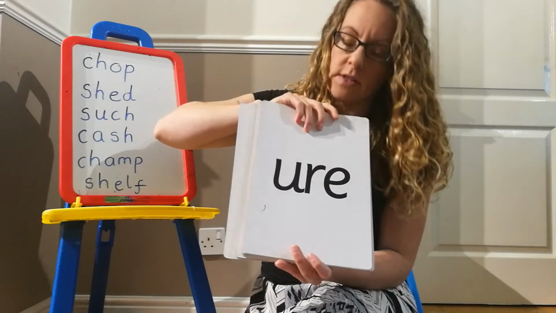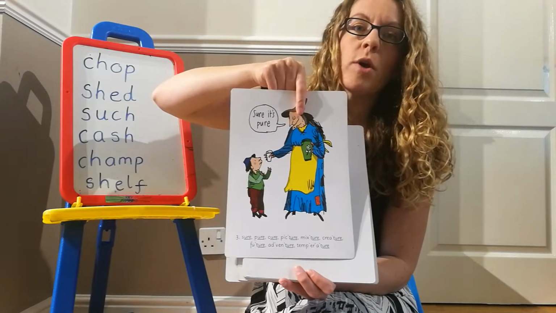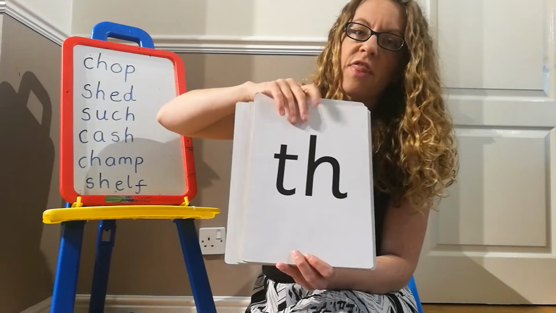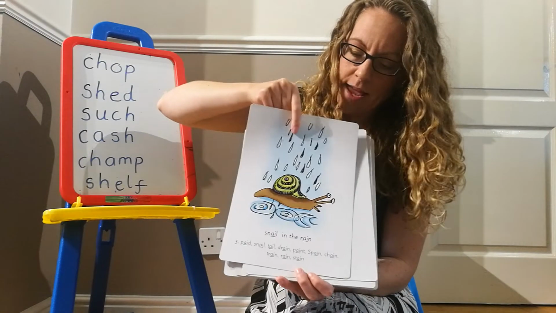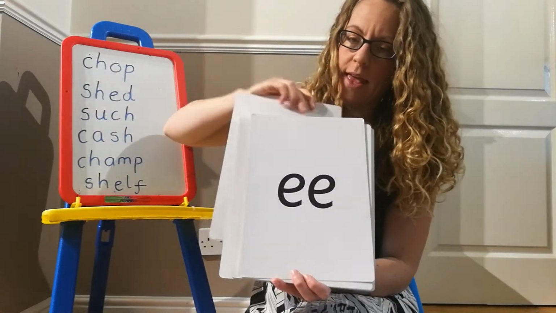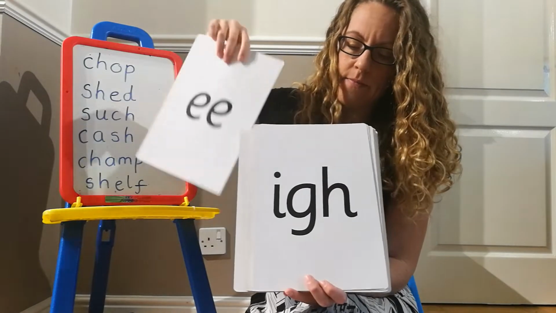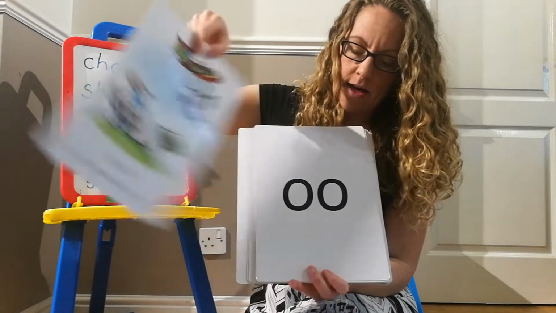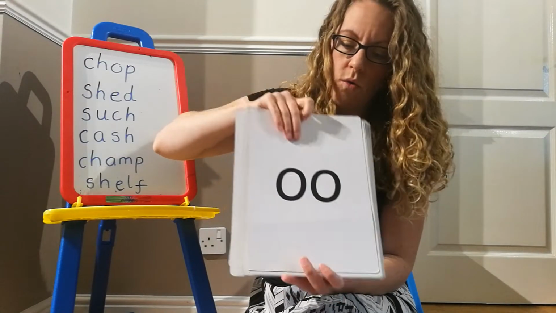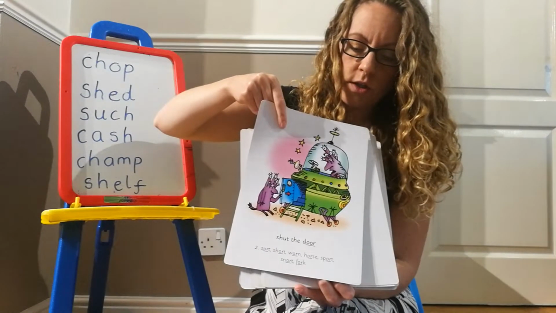My least favourite sound, ure, sure, it's pure. ai, snail in the rain. ee, what can you see? igh, fly high. oo, poo at the zoo. or, shut the door.